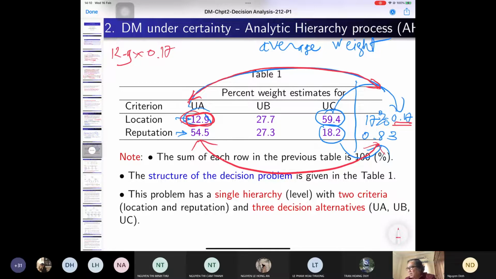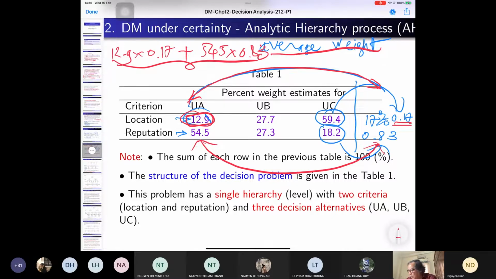That is the weight of the location. And plus the reputation, 54.5 multiplied by 0.83. And then you have what we call the average weight of A.